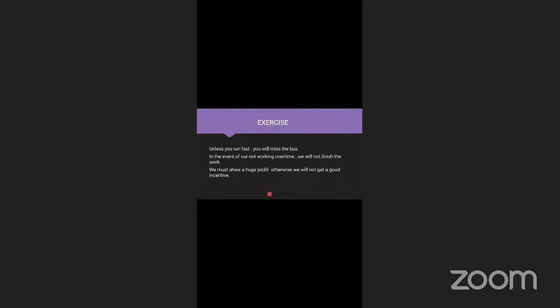Then there is a similarity in simple sentences: in case of, in the event of in if sentences, and in case of not, in the event of not in unless sentences. That is the only difference. And in complex sentences, positive condition means if is used, negative condition means unless is used. I think it is clear. Any doubt you can ask.